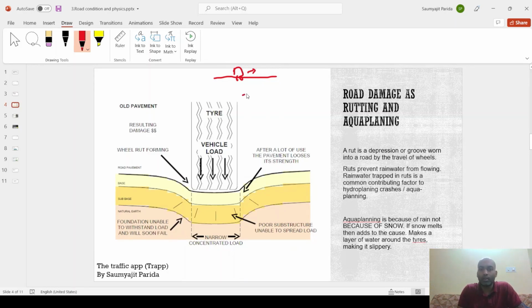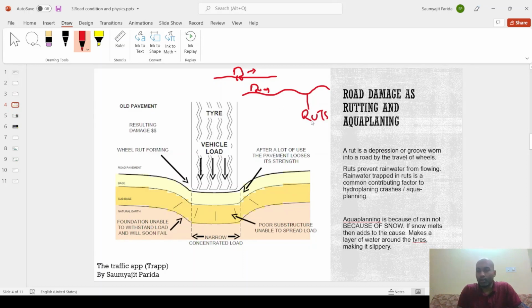But imagine if the road has undulations like this, it has a sway, and there are grooves. These grooves are called ruts. When one is traveling on this kind of road, they feel uncomfortable because of the sway effect.